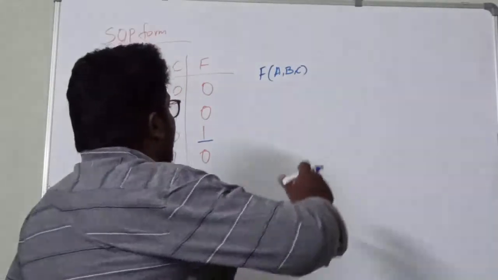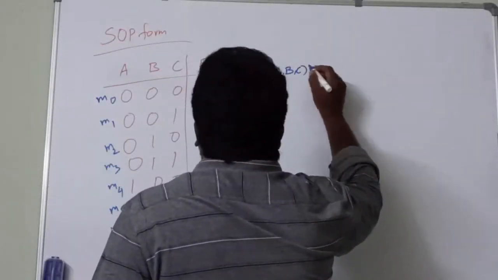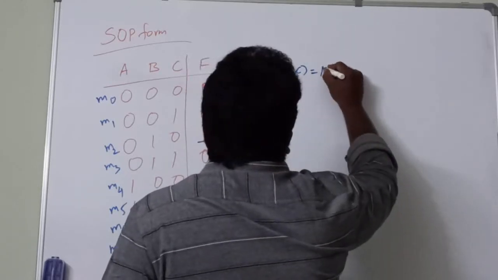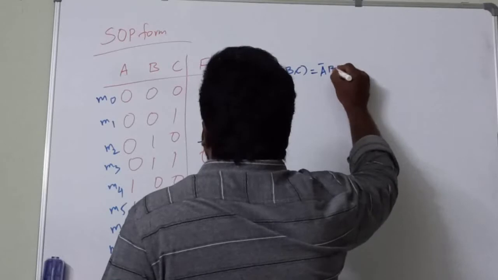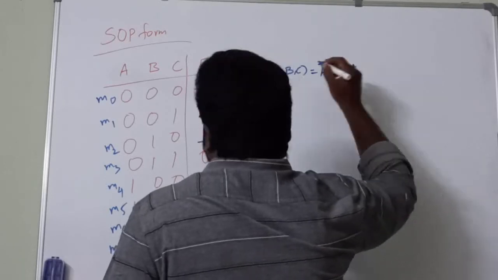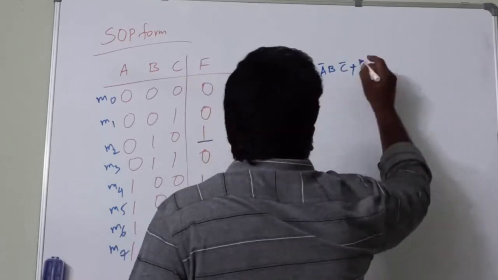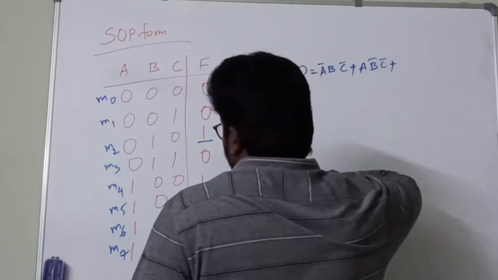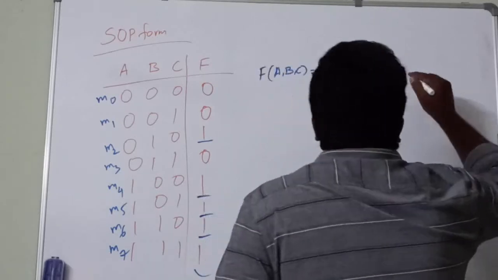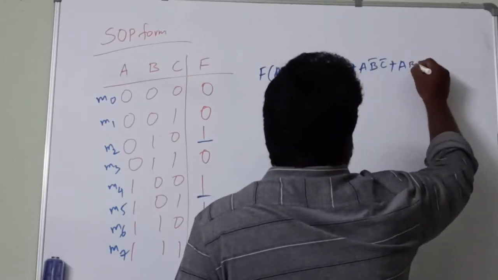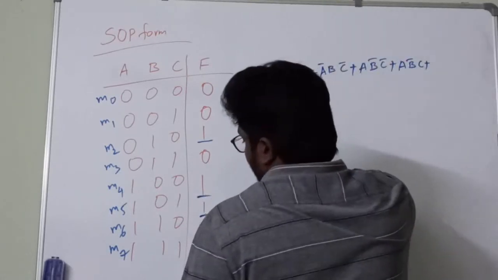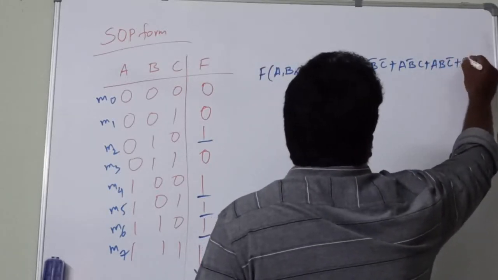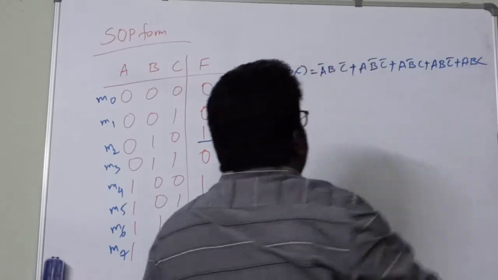So now we can write the Boolean expression as f of a comma b comma c is equal to, for the first one, a complement b c complement, plus, for the second one, a b complement c complement, plus, for the third one, 1 0 1, a b complement c, plus a b c complement, plus a b c.